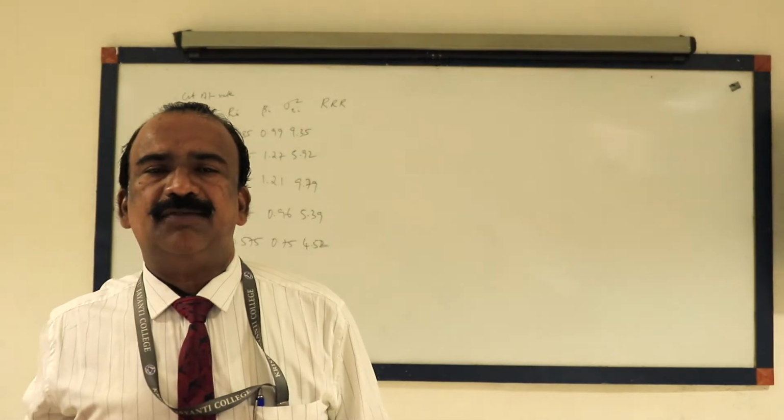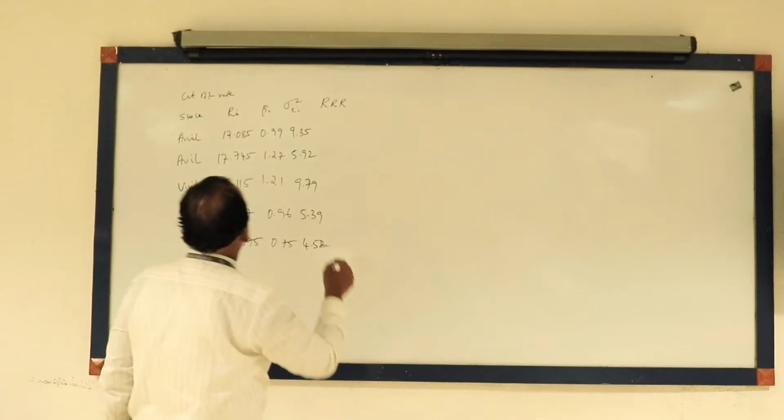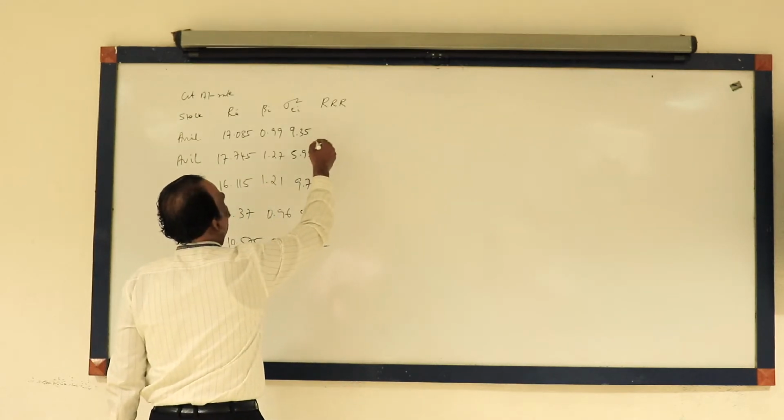The risk reward ratio we have computed earlier, and we have ranked from the highest to lowest. Can anyone help me out with the risk reward ratio, triple R?